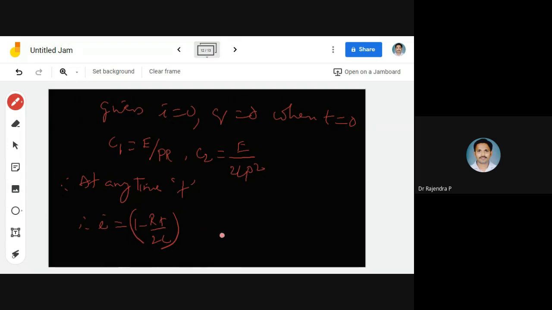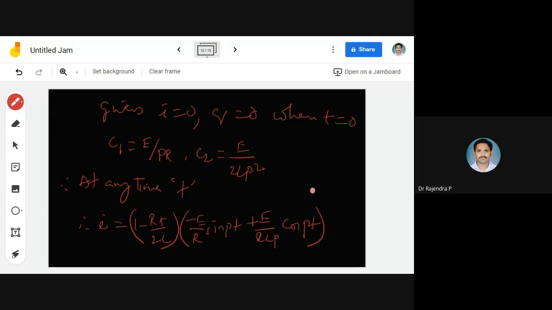The remaining things, even after substituting the p value, I'm going to get minus E by R sin pt plus E by 2LP cos pt. I'm just writing the answer; you also check it.